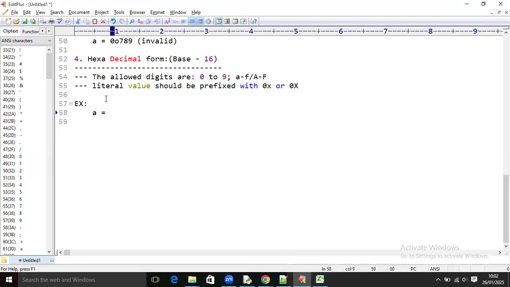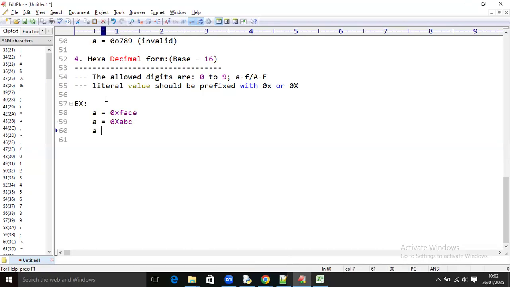a equal to 0x face, and a equal to 0 capital X ABC.